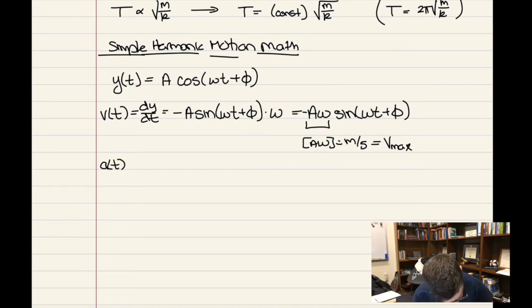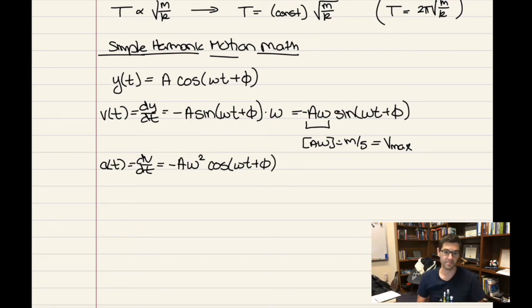The acceleration, which is just the derivative of velocity, is just another application of the derivative, which in this case becomes minus a, another omega pops out by the chain rule, and it returns back to a cosine.